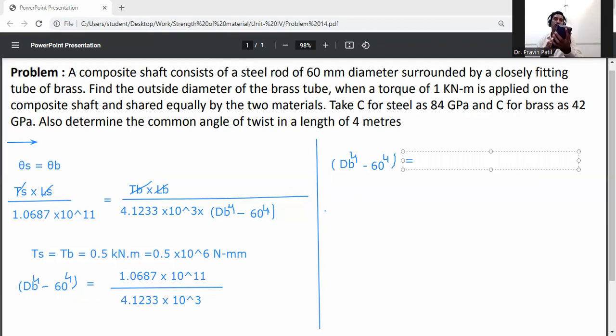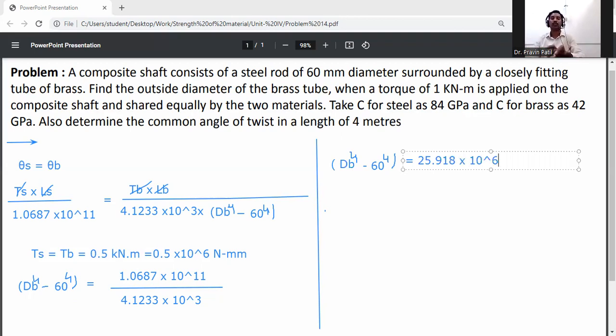1.0687 into 10 raised to the power 11 divided by 4.1233 into 10 raised to the power 3. It will be 25.918 into 10 to the power 6.